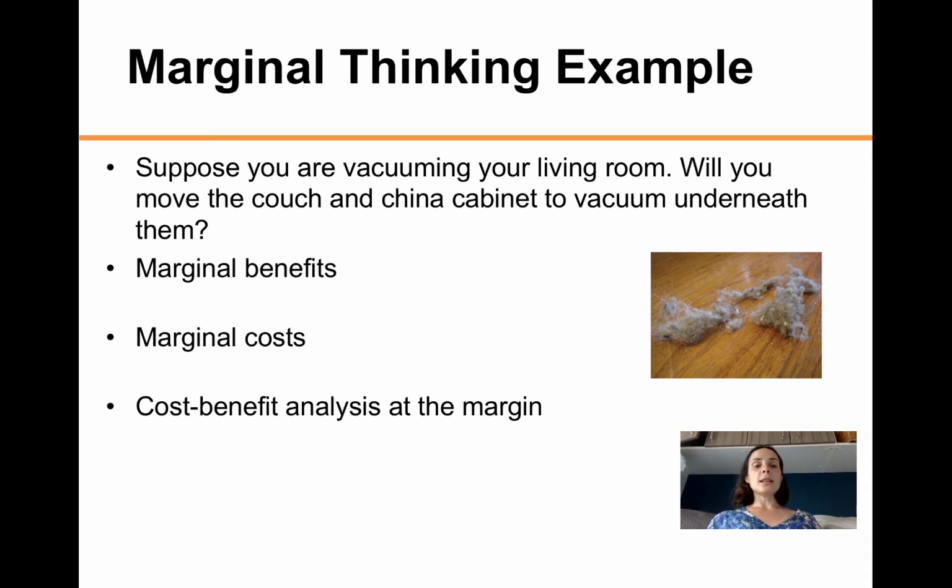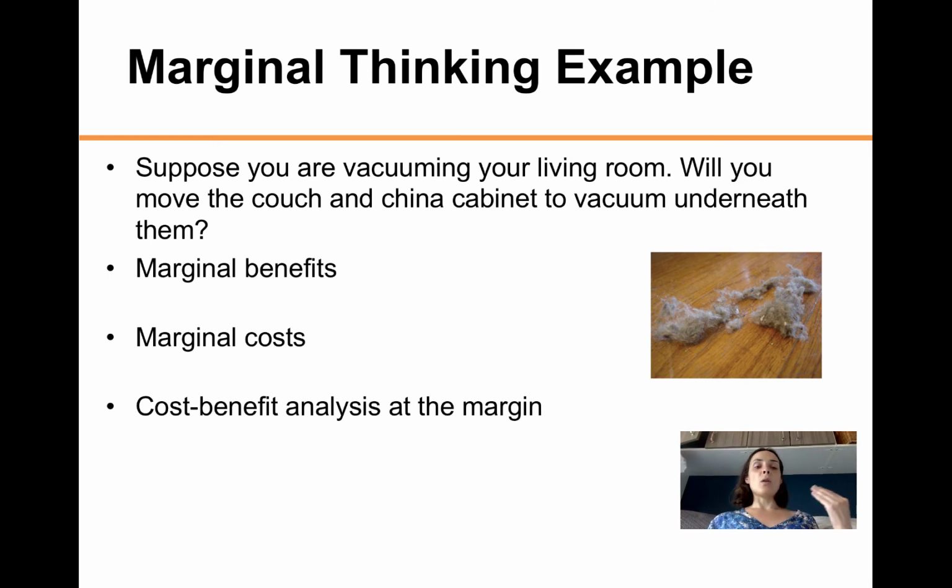And I mentioned in class that in economics, every single agent will have marginal thinking, right? And they are all calculators of marginal benefits and marginal cost. So if you are considering vacuuming your living room, you are going to think about the marginal benefit and the marginal cost of taking different actions, right?